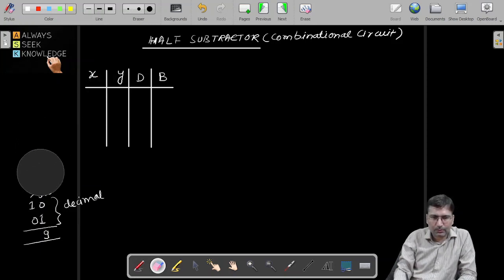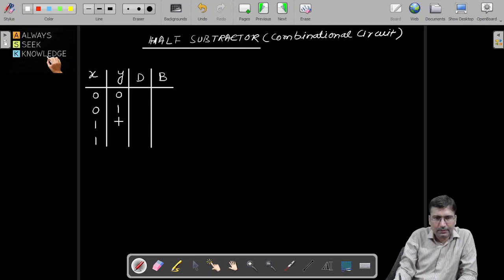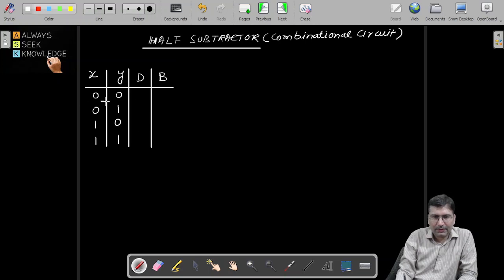So what is borrow and what is the difference? It should not be very difficult to understand. Now we are having X and Y, two inputs, so it will have four combinations: 0 0, 0 1, 1 0, 1 1. Let's write the difference. If it is 0 0, the difference will be 0 as well as the borrow will also be 0. But in case it is 0 1, from 0 if you are subtracting 1, we need to borrow.